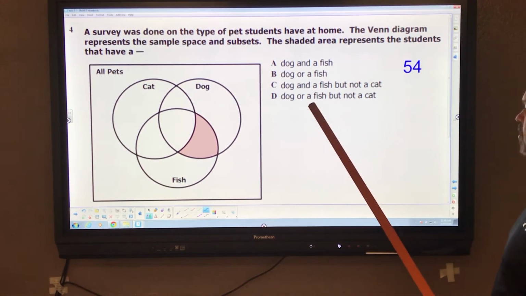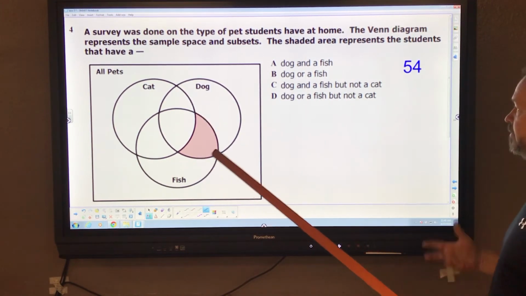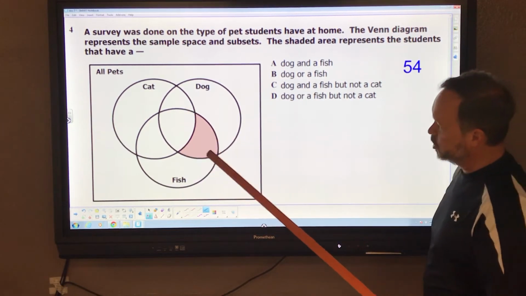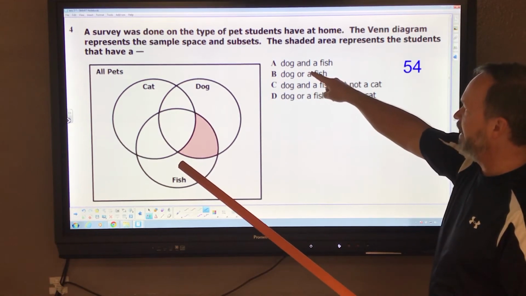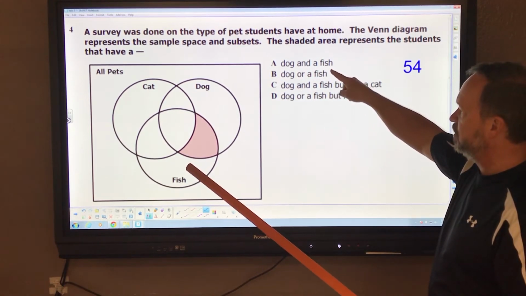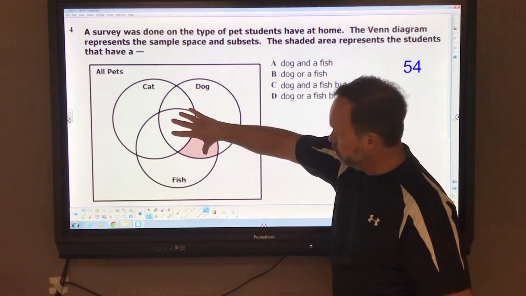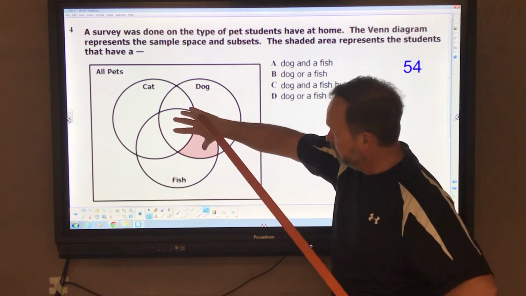So you can see the last two here are really close because they're both not cats, but there's a little more to it. So looking at this space here, if a student owned a dog and a fish, then it would be this whole area right here, because those students right here have a fish. They're in the fish circle, and they're also in the dog circle.